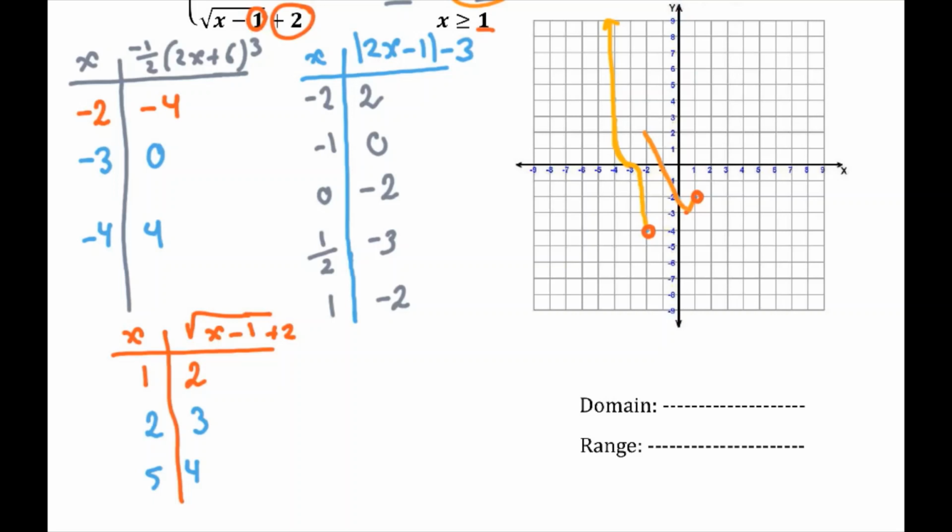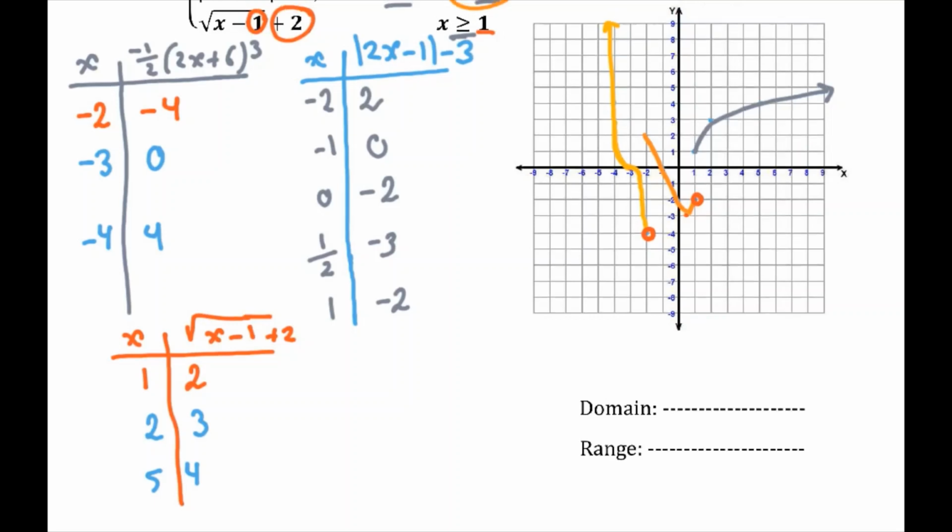So 1 and 2, 2 and 3, and 5 and 4. And of course we know that this is a square root function, it looks like this, okay? And since we have an equal sign here, that's it. We don't need to draw an open circle.